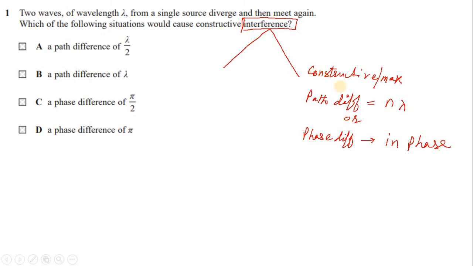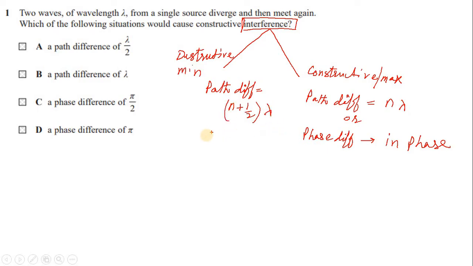Similarly, the second condition is for destructive interference. For destructive, or we also call it minima, if the path difference is n plus half of lambda, then we have destructive.